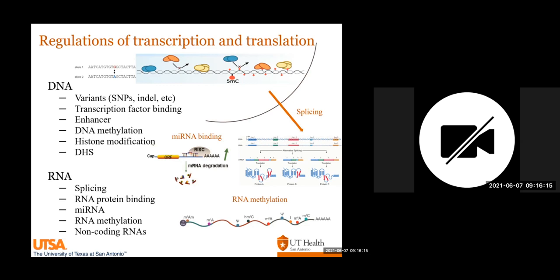So another key reason is this tight regulation of transcription and translation. There are many aspects that control this process. I listed a couple of key factors, and overall, this is a highly sophisticated process.